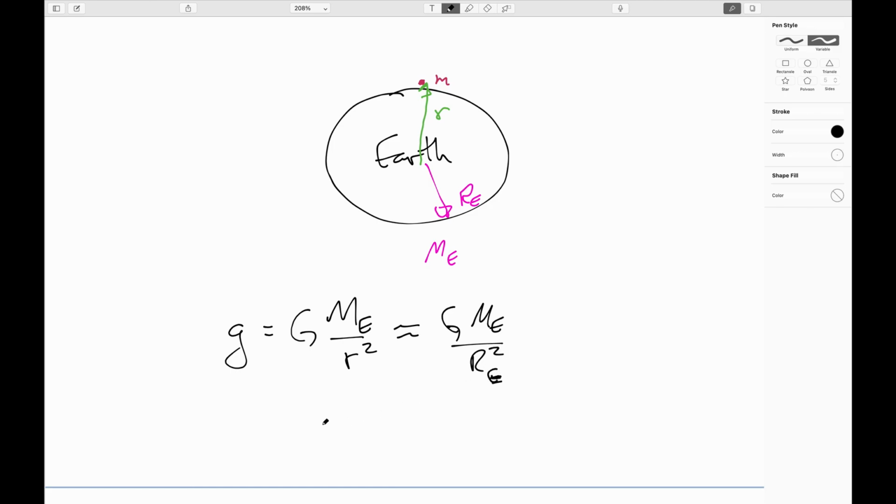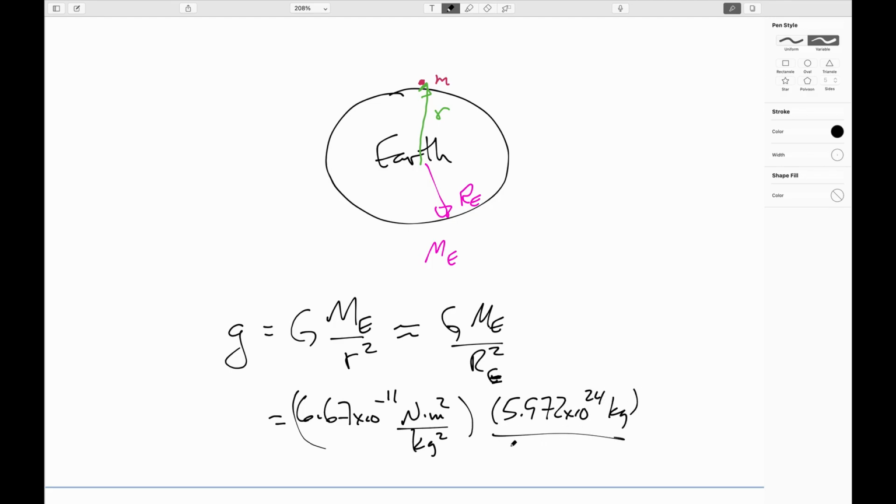All right, so let's figure out what this value is. This will be 6.67 times 10 to the negative 11 newton meters squared per kilogram squared. The mass of the Earth is 5.972 times 10 to the 24 kilograms.